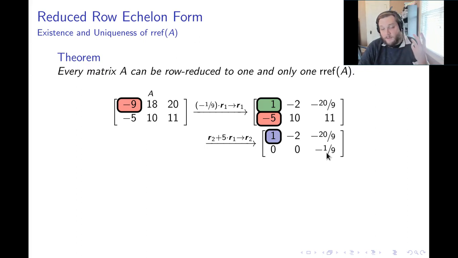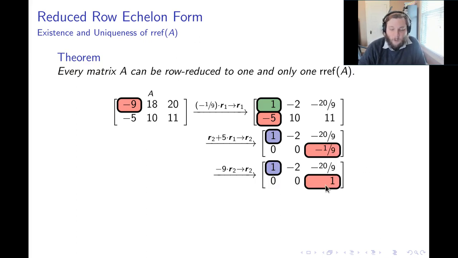Well, remember, in reduced row echelon form, pivots have to equal 1. So how can we take this -1/9 and make it a 1? Well, we can use row scaling. We can multiply the second row by -9, and that produces a 1 in the 2, 3 position. That will be our next pivot.